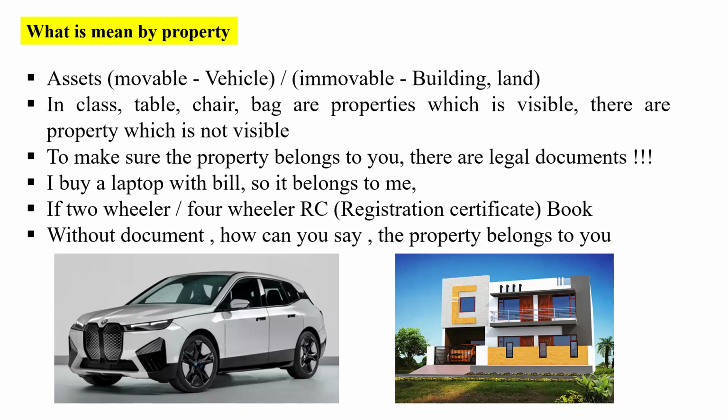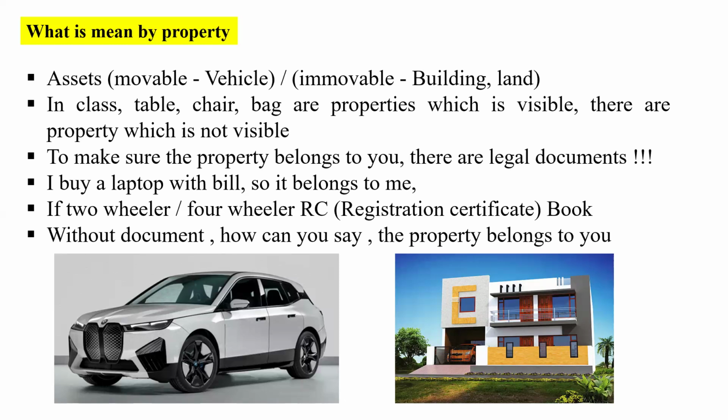When you go to the registrar office and register the land, you get a patta, a document showing that if your name is there, it belongs to you, right? So properties are movable as well as immovable. Wherever you are sitting, just have a look around. You will have chairs, tables, bags, some basic items, some products.